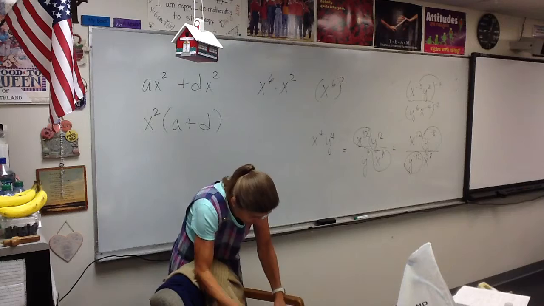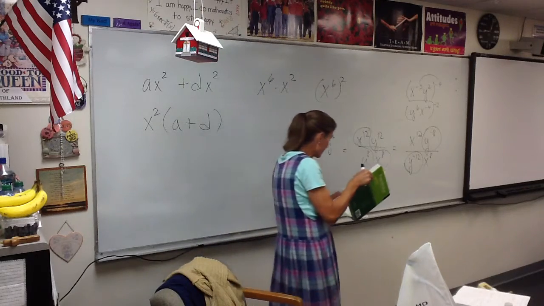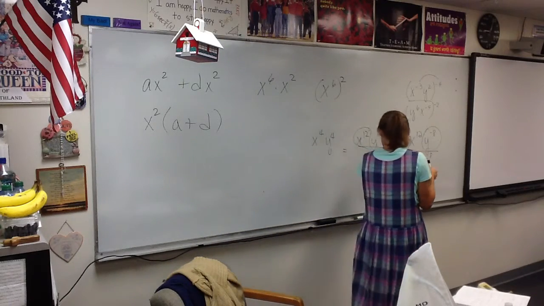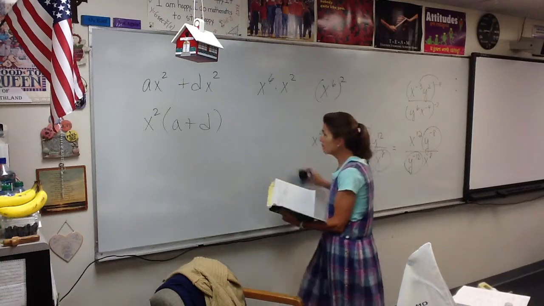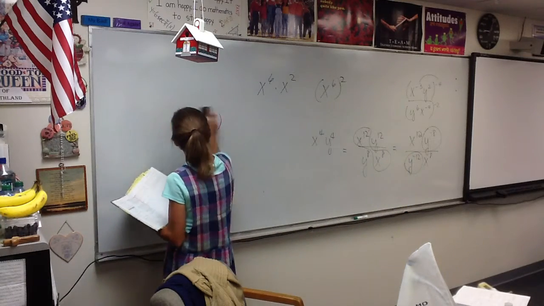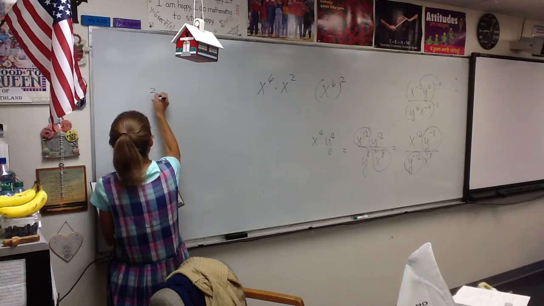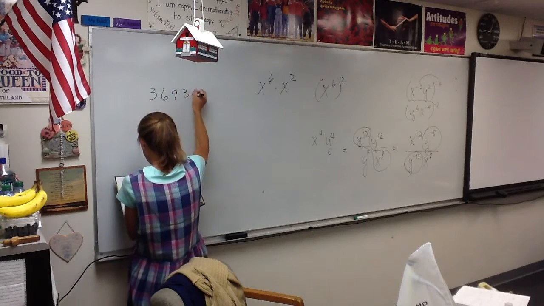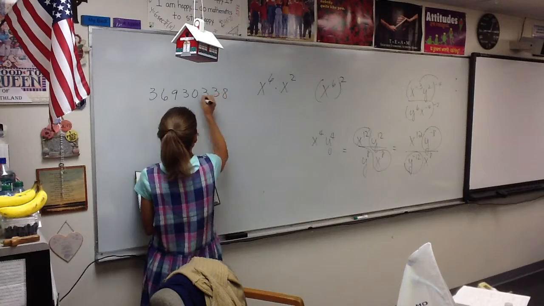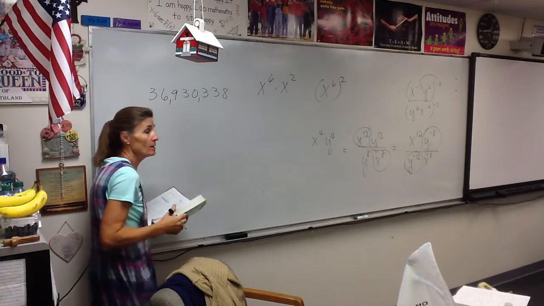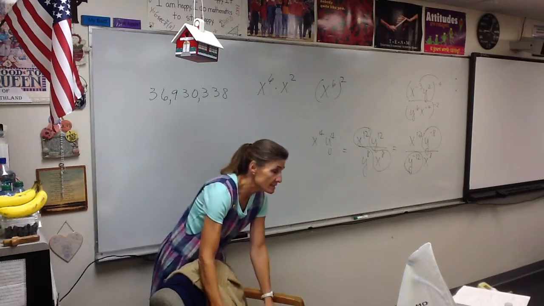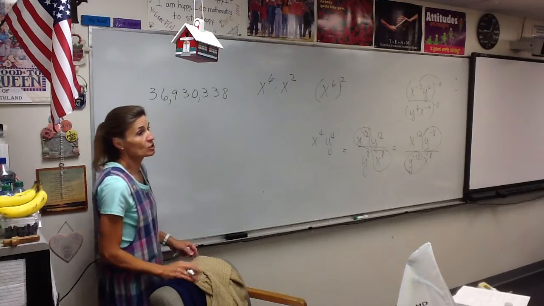Write the amount of revenue in dollars obtained from the source in scientific notation. So I got to use that chart right there. So the number that I'm doing in problem 53, which is federal, is 36,930,338. That's the number that now I'm going to write in scientific notation.